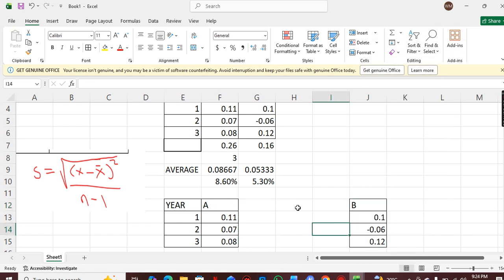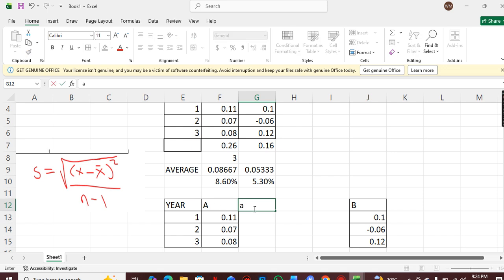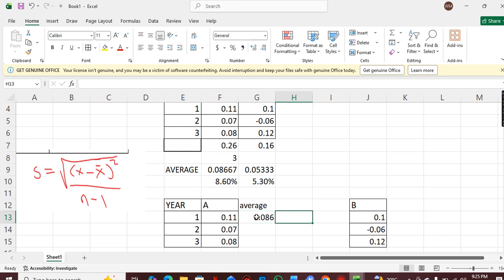So we'll get for each investment the standard deviation. We'll start with A. Here our x bar, or our average, was 0.086. So you put your average here, all the averages.